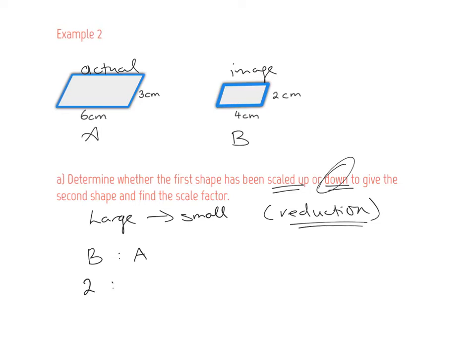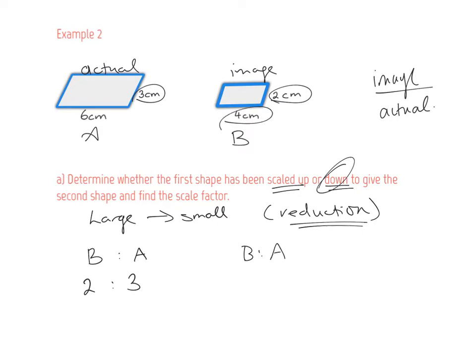Now I want to find the scale factor. Remember, the scale factor is always image over actual. So I'm going to do my side length 2 to 3, and I'm also going to do my other side length just to make sure that it is the same. Divide this by 2 and it should be the same. That's 2 to 3. So therefore K is 2 to 3.